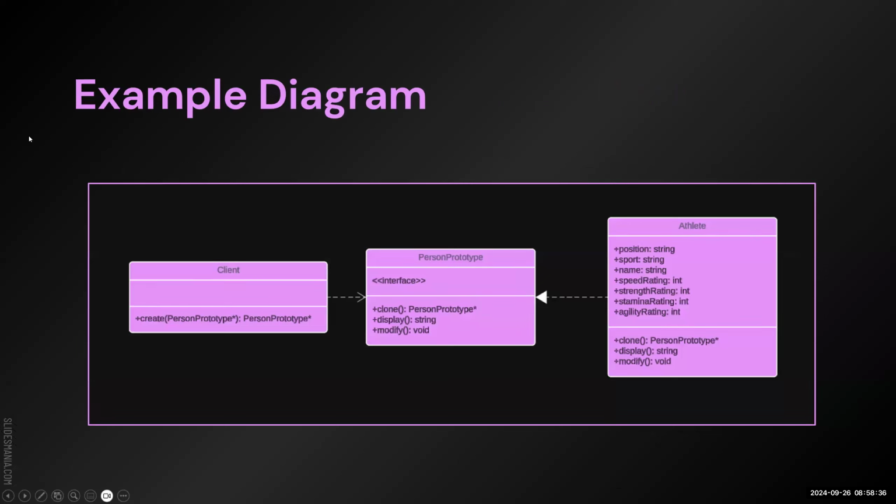So in my example program here, I created, similar to the example that we had before, a simple sports game simulator. The client implements the create a person, and the person prototype is an abstract class, which is implemented by the concrete class athlete, so that athletes can be created and cloned using the client code, which will create a person by cloning.